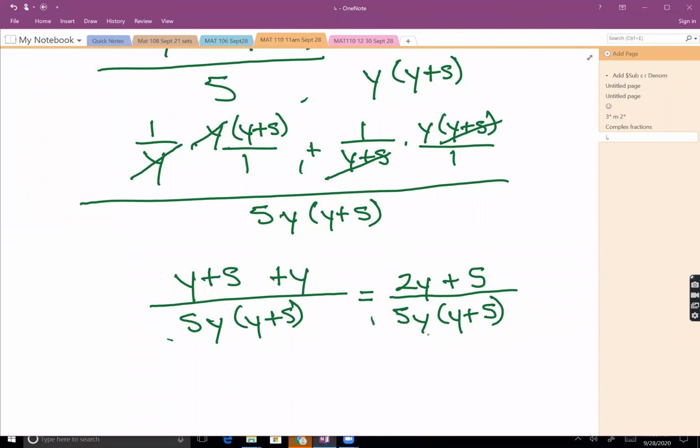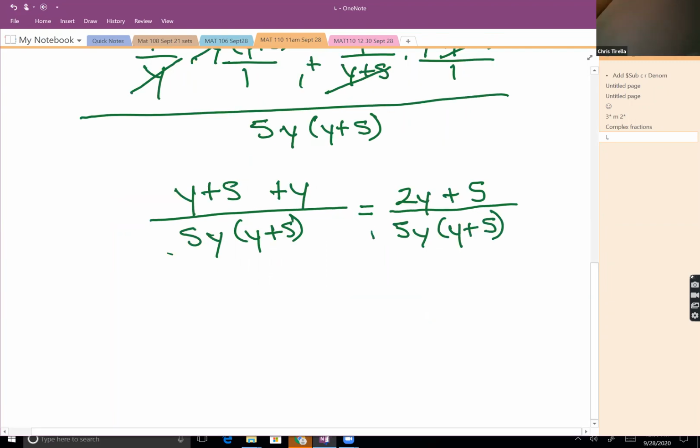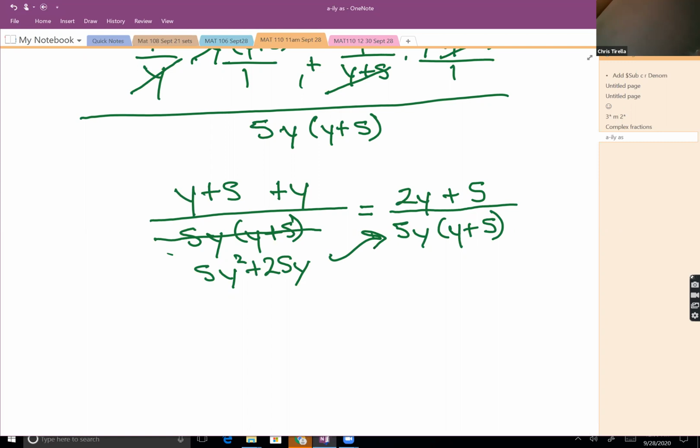So usually they say you can leave the denominator factored. If you wanted to, you could have rewritten that as 5y squared plus 25y. But then you'd have to go through and factor it again to see if it's reducible. So it's up to you at that stage of the game.